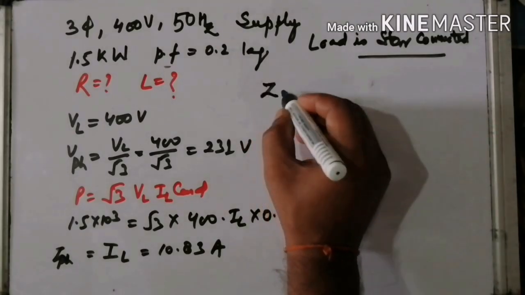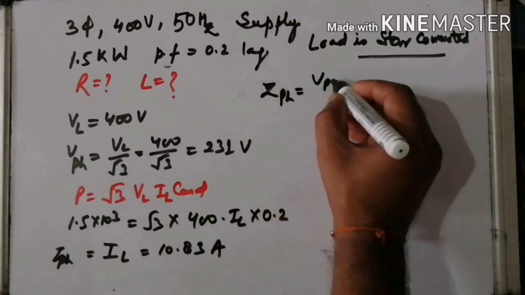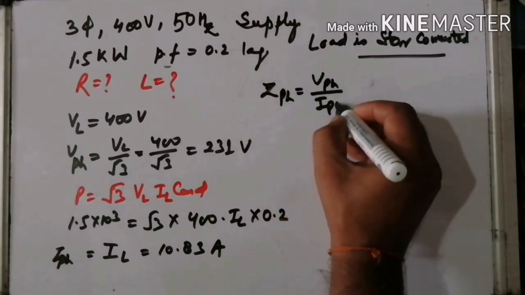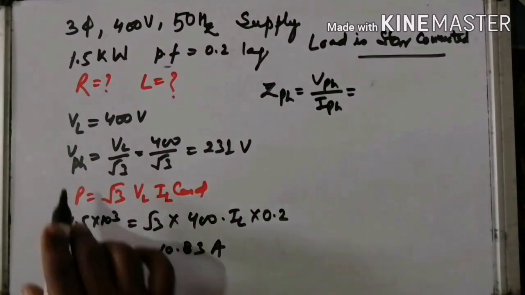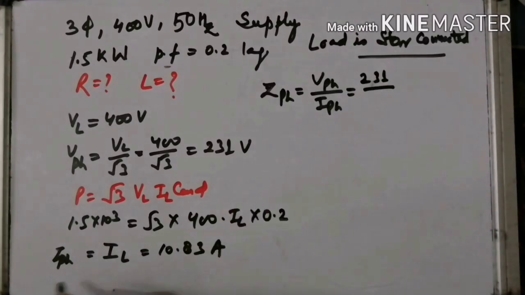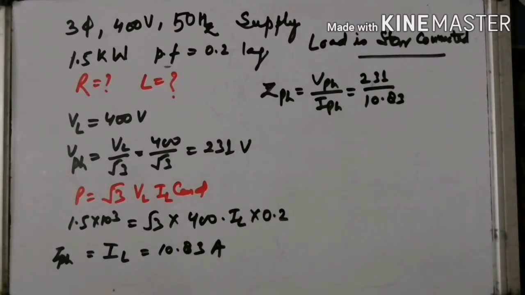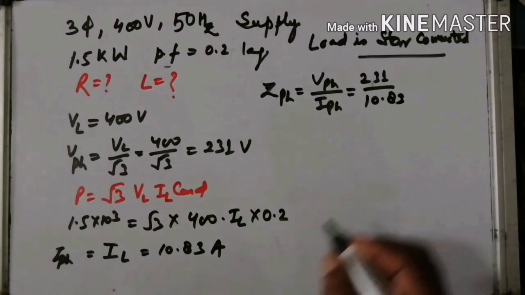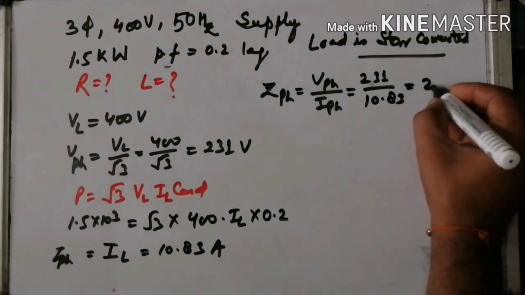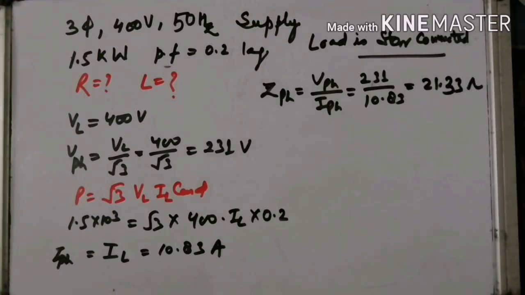So the value of the phase current is also the same, that is 10.83 ampere. Now we can calculate ZPH, which is nothing but VPH divided by IPH. VPH is 231, IPH is the same, 10.83. Right? It is 21.33 ohm. This is the value of ZPH. Right?